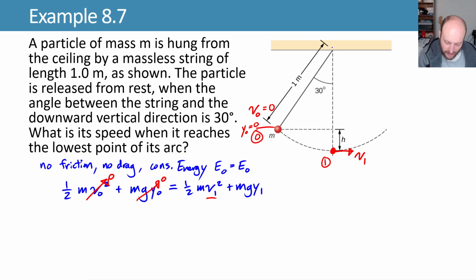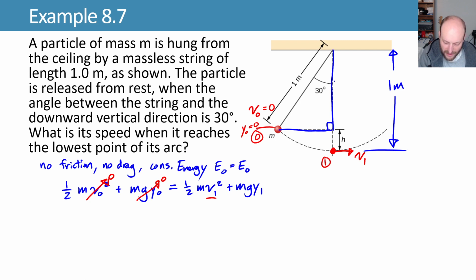Let's do this geometry here. We have 1 meter length of string. When it swings through the bottom here, that means that this will also be a meter at this point. And we want the difference between the meter there and whatever the vertical height was over here. So we'll consider this right triangle and see if we can get that length. I think we can.